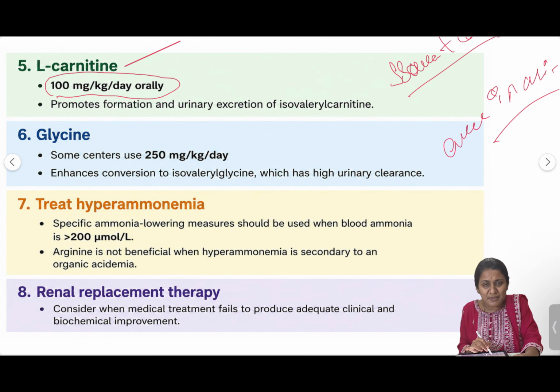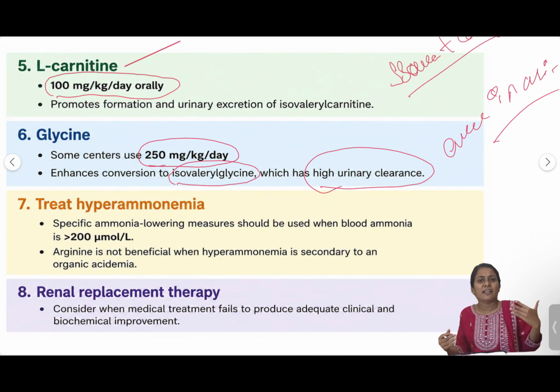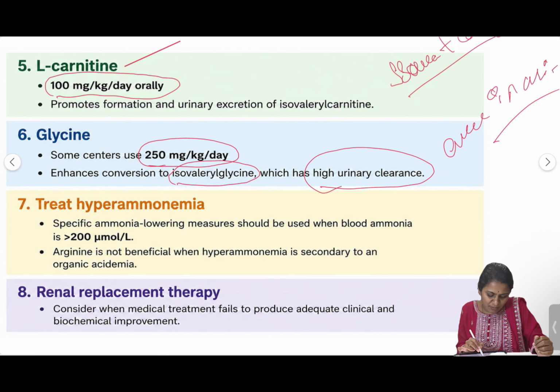Then glycine also, some centers use 250 mg per kg per day of glycine. Why? Because it enhances conversion of isovaleryl to isovalerylglycine, which has a high urinary clearance, right? Whenever you suspect isovaleric acidemia, in the cocktail regimen we put, you can give glycine and carnitine. Then treat hyperammonemia.